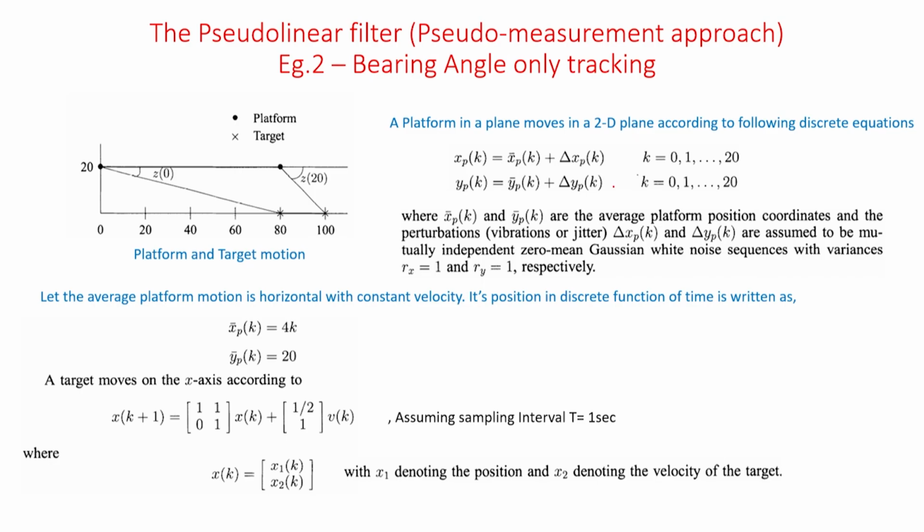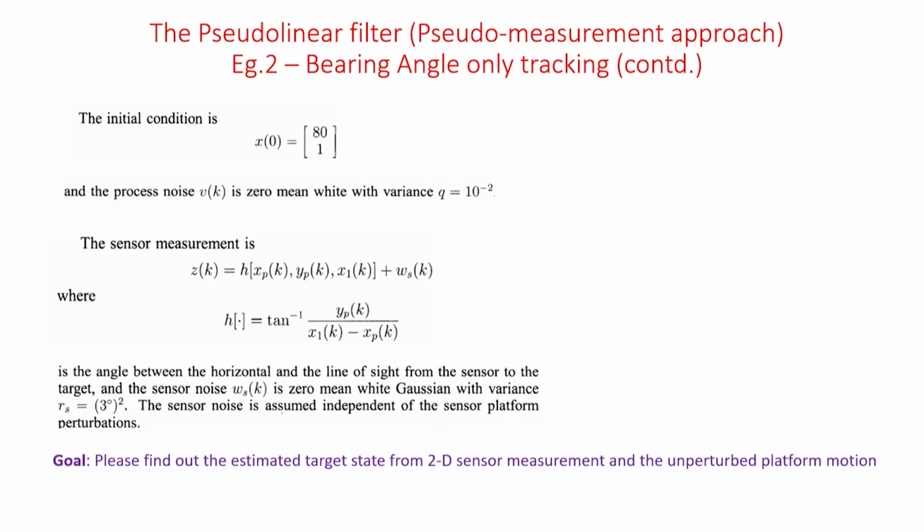Delta motion is zero mean white Gaussian noise, and the mean motion is xp bar equal to a function of time, a ramp function, and yp is a constant. That means the y axis is kept constant. This is your system state, and this is your measurement.